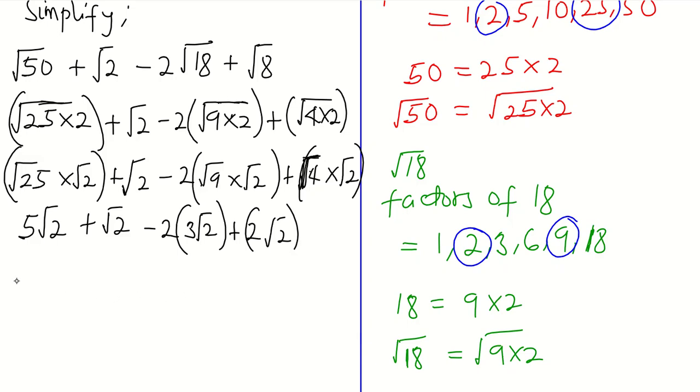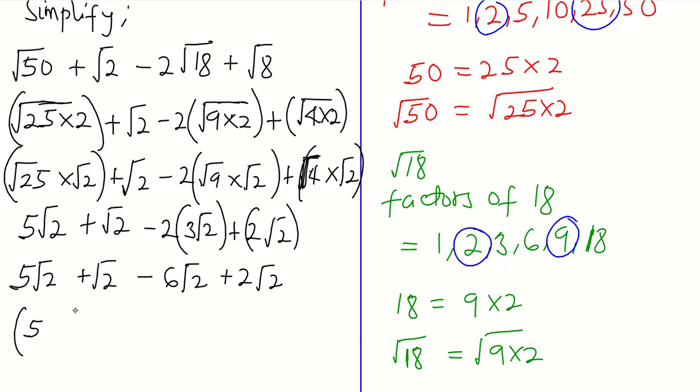Now we can multiply the 2 by the 3 here, which means we have 5 square root of 2 plus square root of 2 minus 6 square root of 2 plus 2 square root of 2. We can see that they all have the same radical component, so we can now add the coefficients.